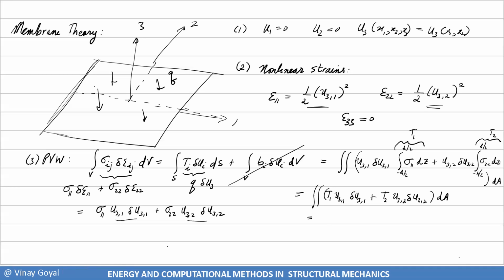I write this in index notation. I'm going to violate a rule here. You're not supposed to use the index 3 times, so we'll do it now for convenience purposes. And this is equal to the forces applied to the body.